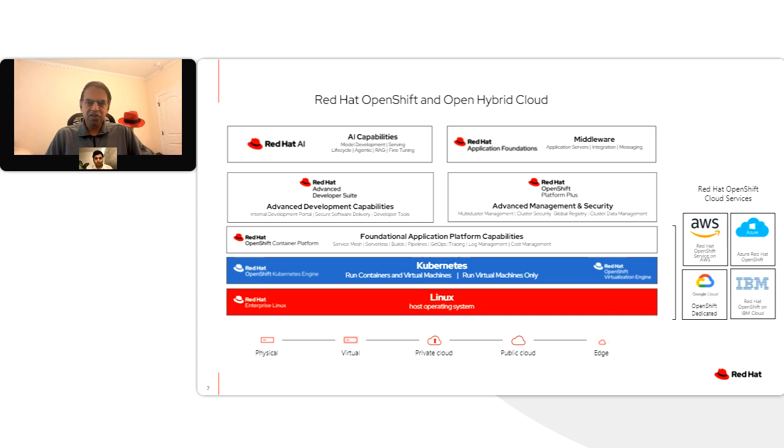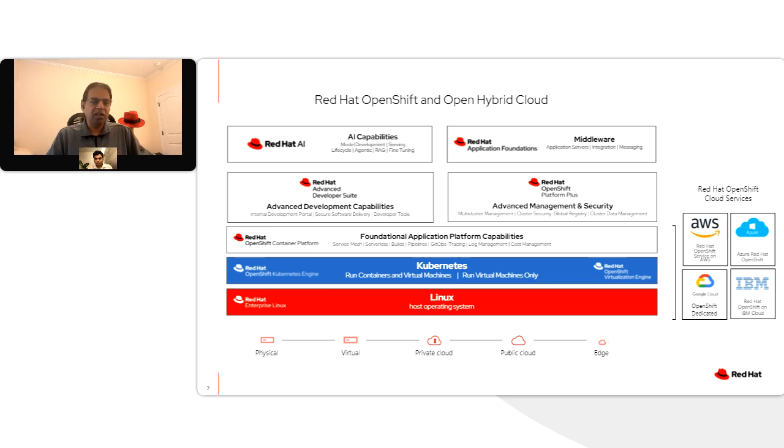And not just that, you'll see a couple of things here. You'll see on the left, running containers and virtual machines, which is what the basic Kubernetes platform offering does. But in addition to that, if you look on the right-hand side, you will also see the OpenShift Virtualization engine that's been introduced as a separate offering. And that is for our customers who want to run virtual machines only today, but then this also has a pathway to modernize into the Red Hat OpenShift platform.